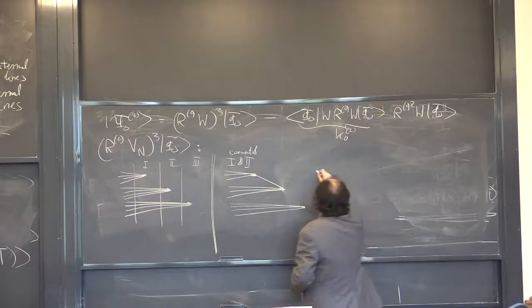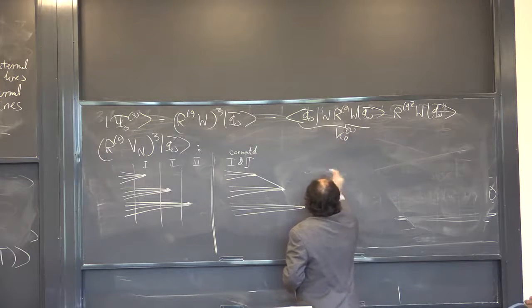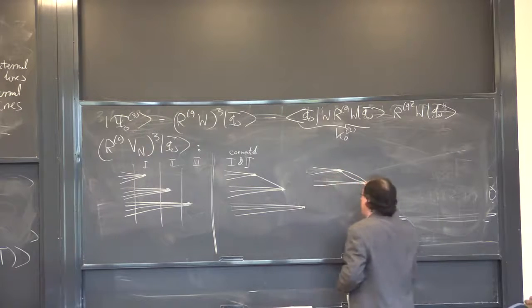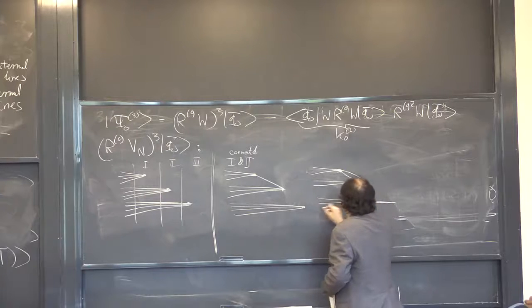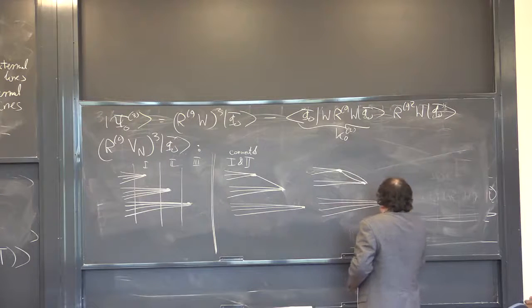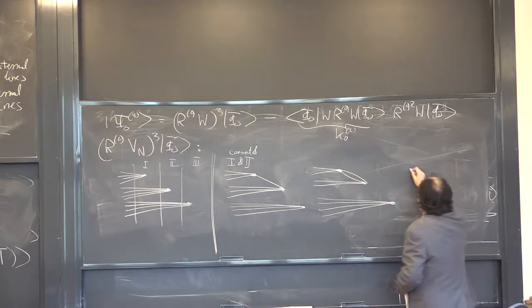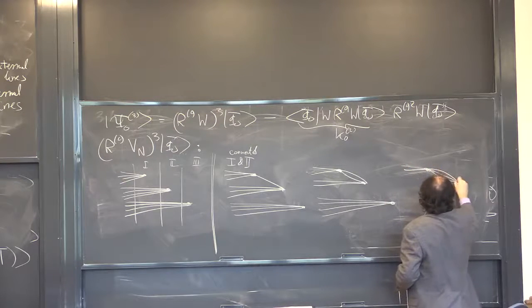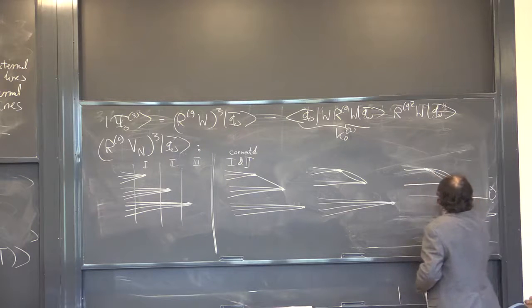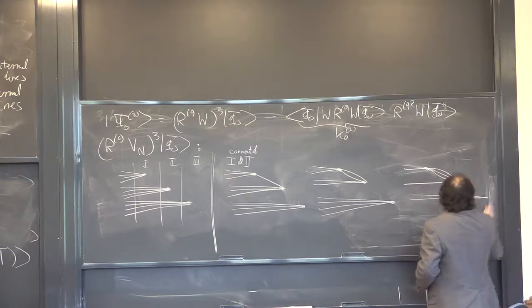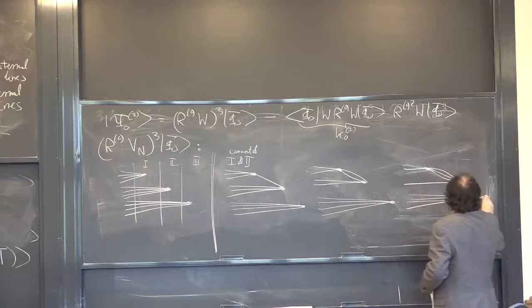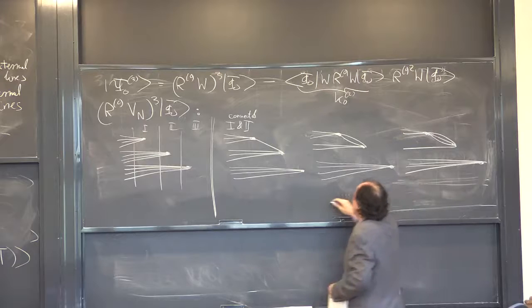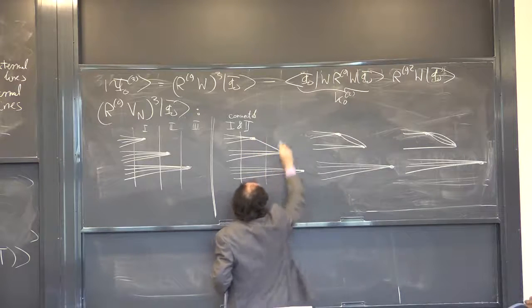I can connect 1 and 2 with two lines, keeping the third vertex separate, and I can connect 1 and 2 with three lines, and then keep the third vertex disconnected from it. And I can do one more thing. Maybe I'll also put resolvents here.